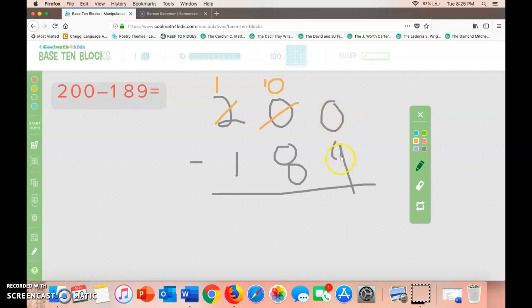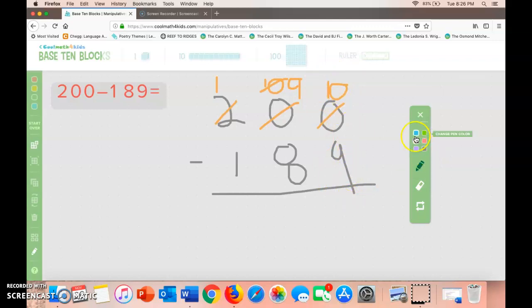We still cannot take away 9 from 0. We would then borrow one of our tens from our 10 tens in this place, make this 9 tens, and bring one of our tens over to our 0, making this 10 ones because we are in the ones place value column.